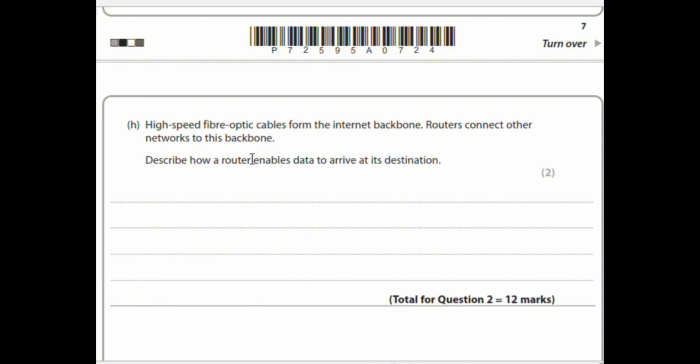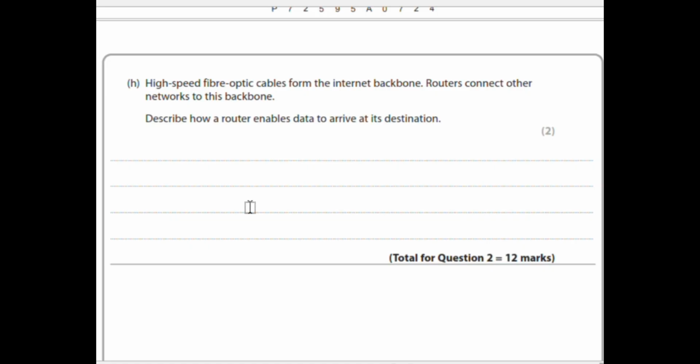So a router will read the data destination and source, and therefore route or provide a way for the data to arrive to the destination, and it will know the destination by reading the IP address, the destination IP address.